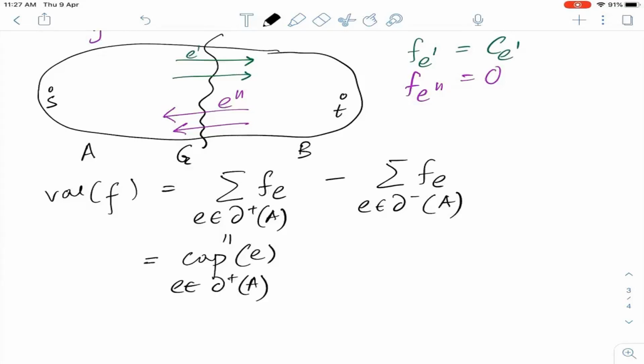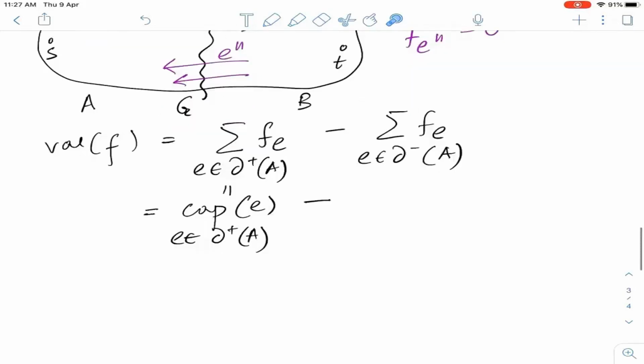Minus, what can I say about this part? Well, I have just proved that this part is 0, because the edges considered here are all the edges that are sticking into A. These are all the purple edges, and I have just proved that the flow on these edges is 0. So now I don't even need the less than or equal to, but I can make a stronger claim, which is exactly equal to.